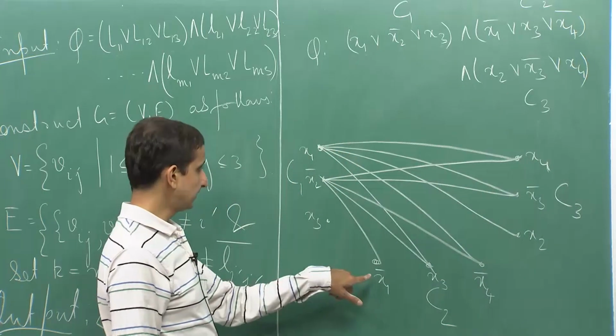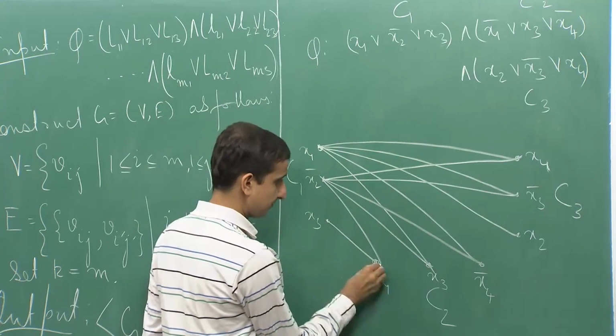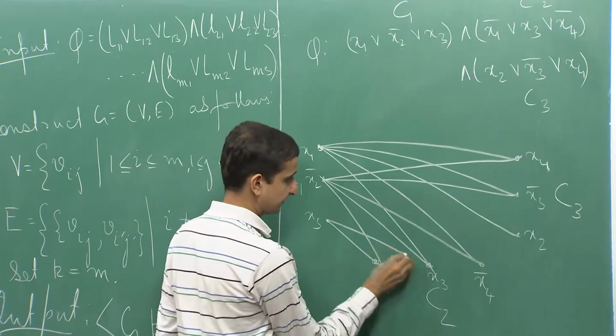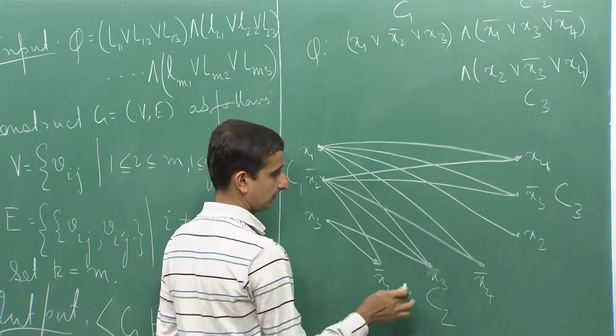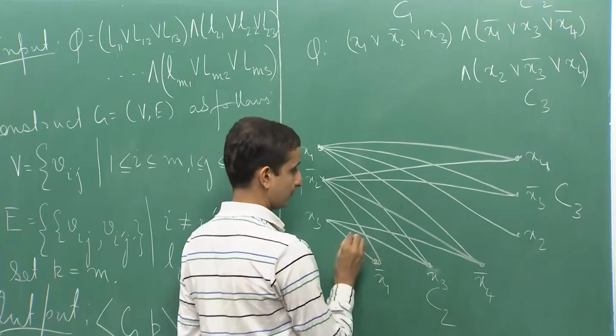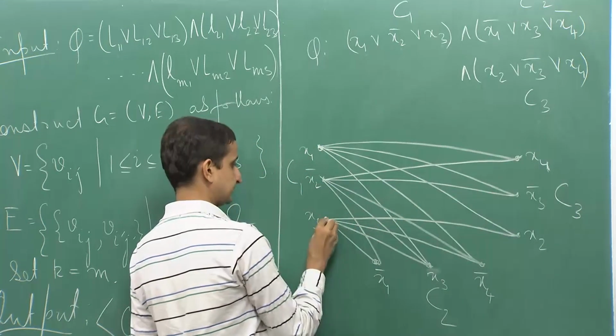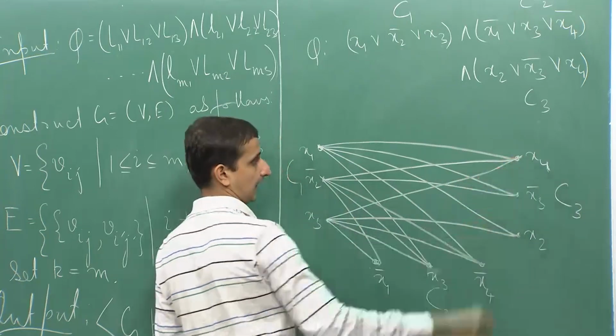Similarly, from x3 I will have an edge to x1 bar, and to x3 and x4 bar. I have an edge to x2, not to x3 bar and to x4.